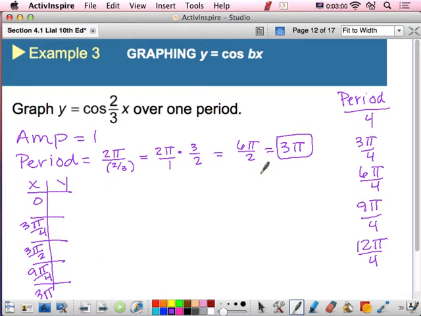Well, if I multiply 2/3 by 0, I'm still at 0. And the cosine of 0 is still 0. No, 1. Oh my. The cosine of 0 is 1. All right. Now let's look at cosine of 2/3 times 3 pi over 4.